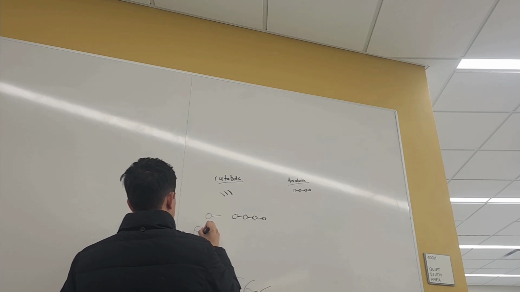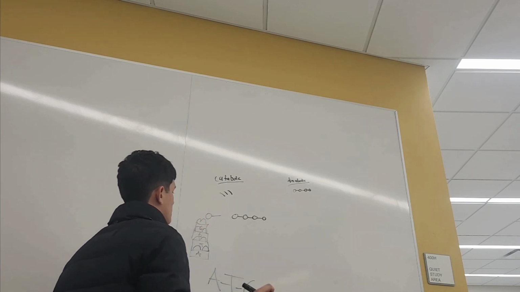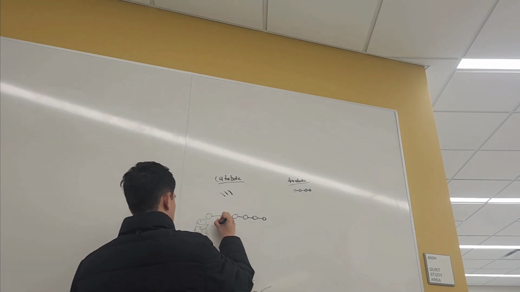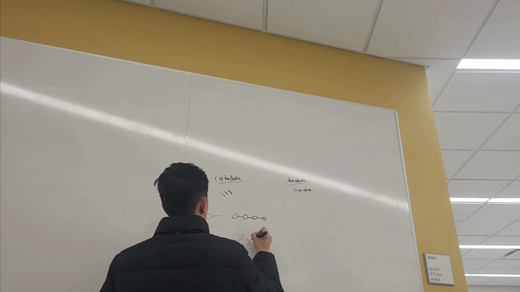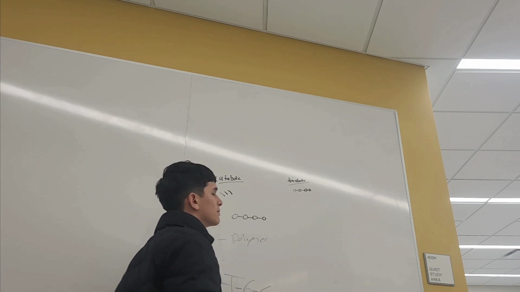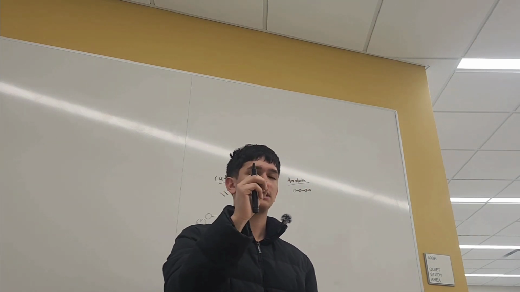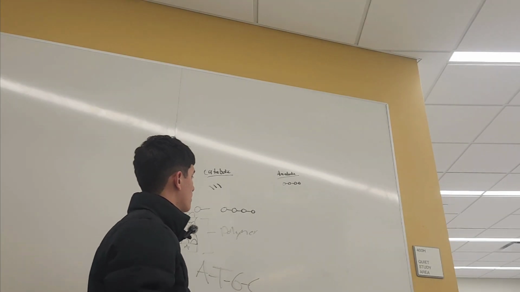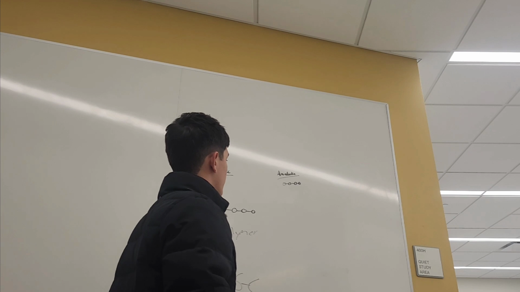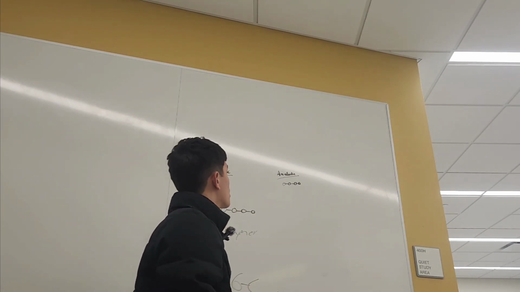G, C. But these Lego pieces build a structure, and this structure is gonna be a polymer. So a polymer is a bunch of monomers together, and a monomer is the single unit that makes up polymers. They form long chains of monomers. It's called a polymer, and this process is called polymerization, right?